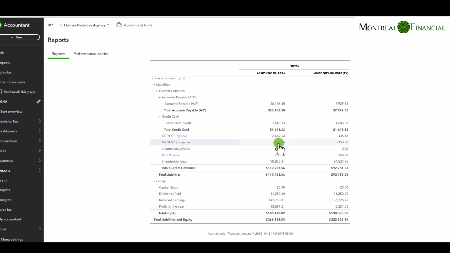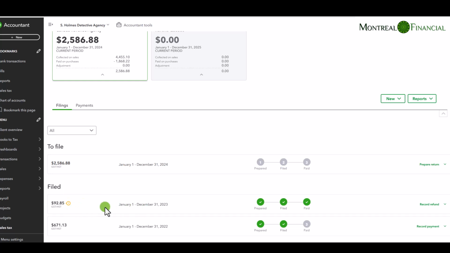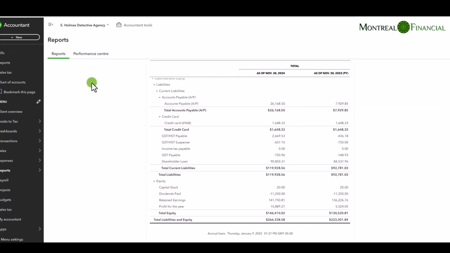Okay, so the GST suspense occurs once you go in here and you actually file the sales tax return. And I also have another video on how to file your sales tax return. It gets cleared out of this account and then it moves into the suspense account. The reason I have a negative in the suspense account is from previous filings, and the negative reflects the fact that you were owed a refund from Revenue Canada.